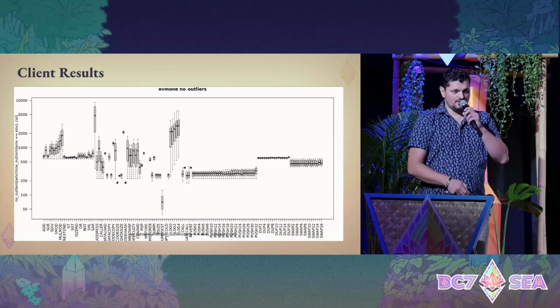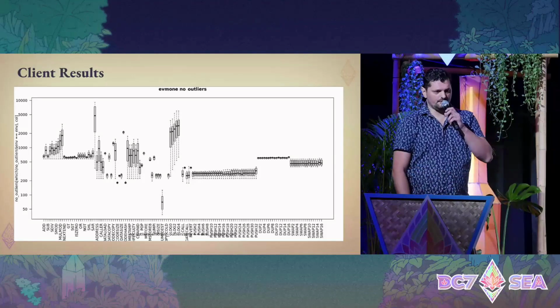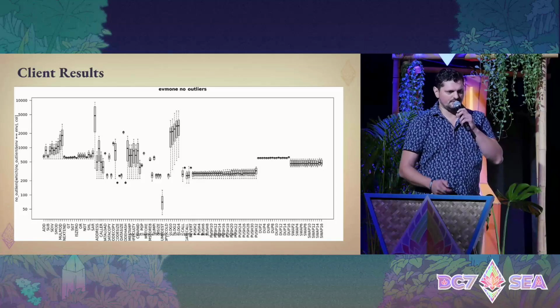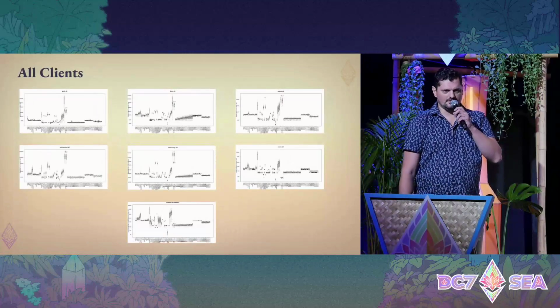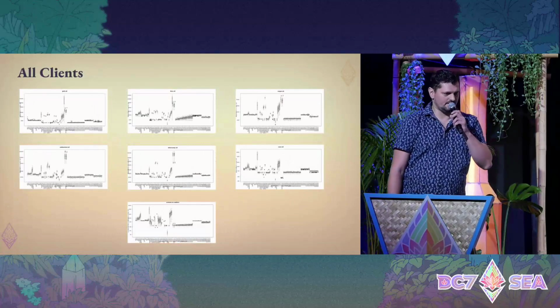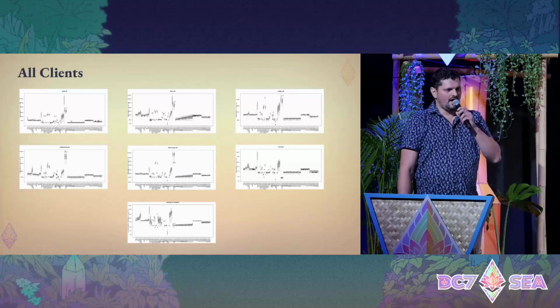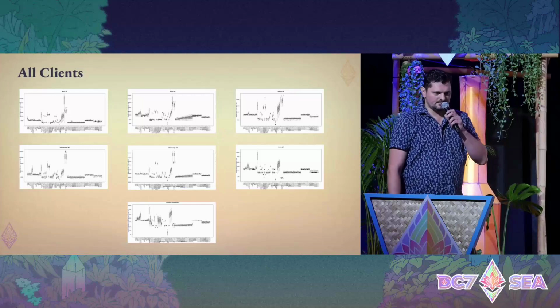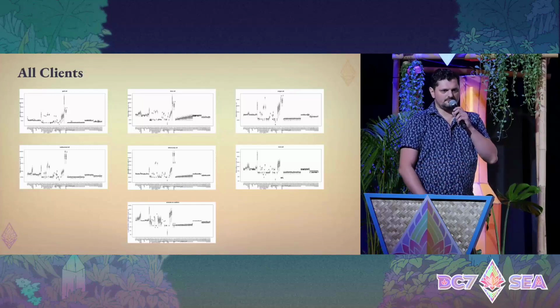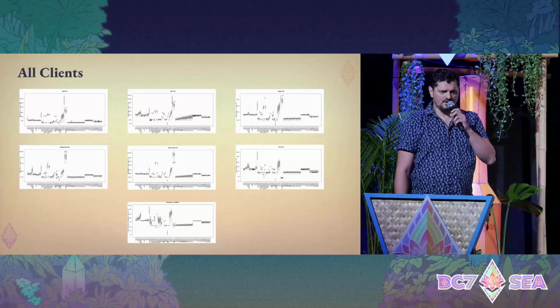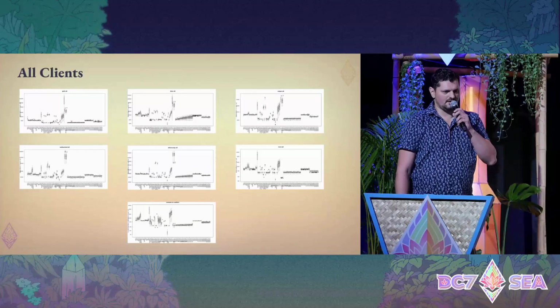Now, this process gives us a good view of a single EVM client. The same process we replicate for a number of clients, 7 in total, the most popular that we found. And this is where the fun begins, because these results are made on different technology stacks, different languages and everything.